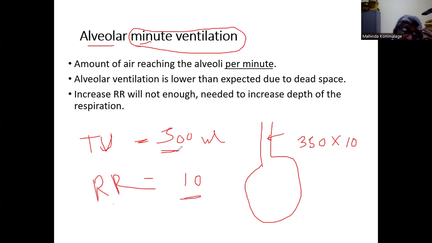But we feel that these patients are getting hypoxic, not adequate oxygen in the blood. What should we do? Yes, we need to increase alveolar minute ventilation by increasing respiratory rate and probably tidal volume.